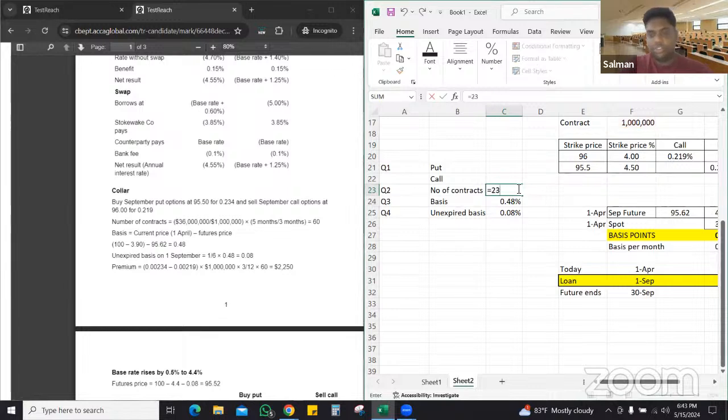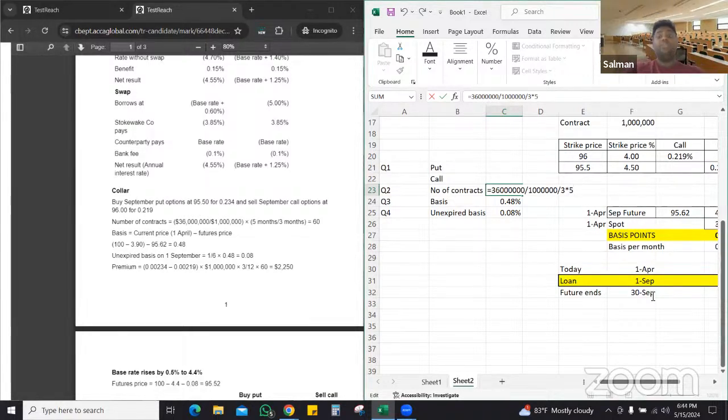So we have to borrow 36 million. Size of a contract is 1 million. So normally we need 36 contracts, but each contract is valid for 3 months. But we are borrowing after 5 months.